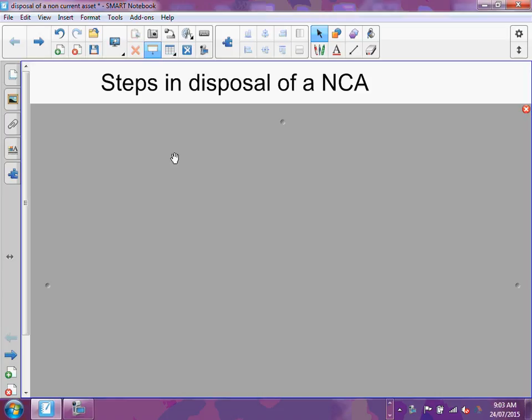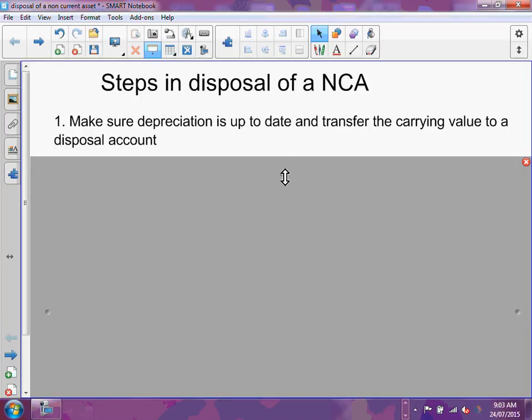The first step to get rid of an asset is to make sure that you have done all the depreciation up to date. That's the first step. Because the aim of the game at the end is to make sure that we work out whether we make a profit or a loss on this asset.